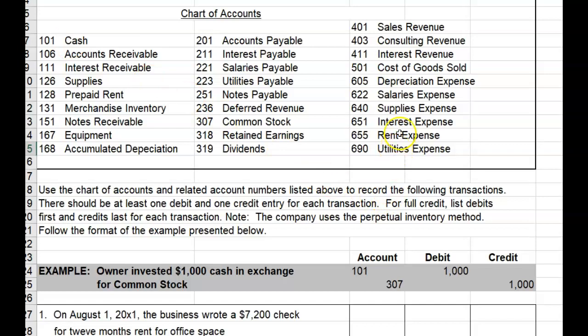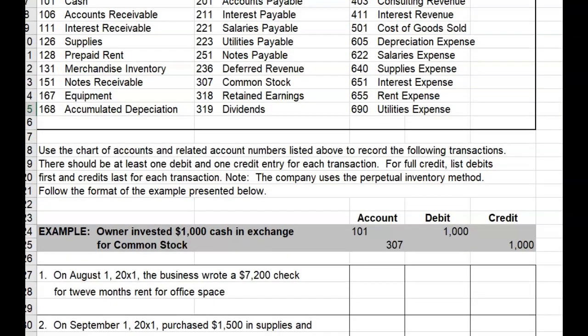We cannot debit rent expense because the matching principle says you record expenses in the time period that you incurred those expenses, and we have not, on August 1st, incurred 12 months worth of office expense. So instead of debiting rent expense, we're going to debit an asset account called prepaid rent.